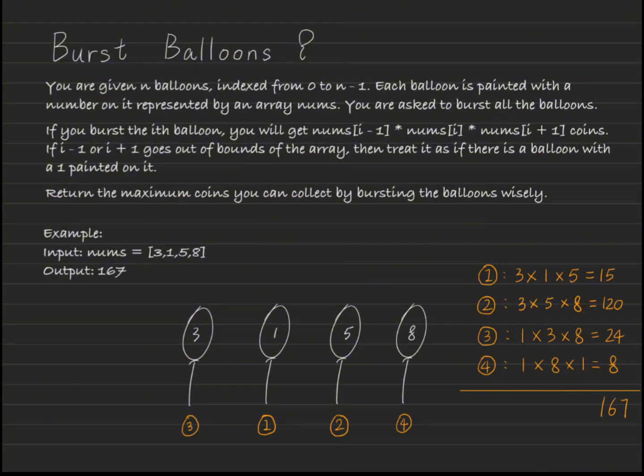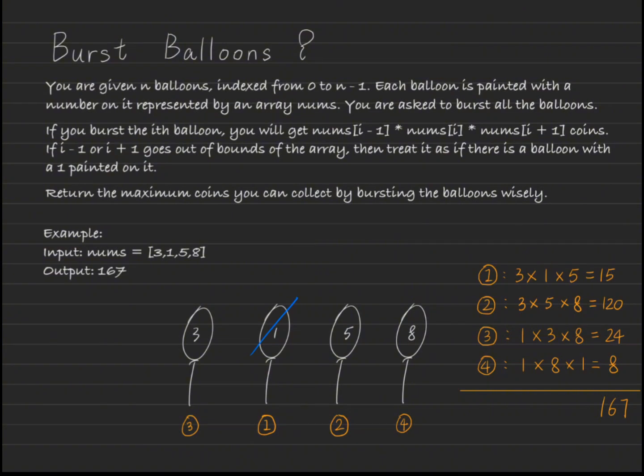Let's look at the following example where nums is 3, 1, 5, 8. The output is 167. Because the best sequence to burst the balloons is we first burst the balloon with number 1, where we get 3 times 1 times 5, 15 points.